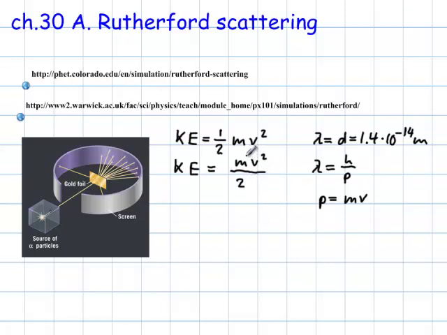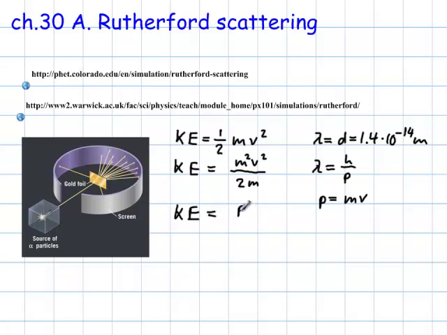I'm going to multiply this with mass m in the numerator and in the denominator. Of course, nothing has changed, but the way I look at it now is that I have m v squared, which would mean the momentum squared.